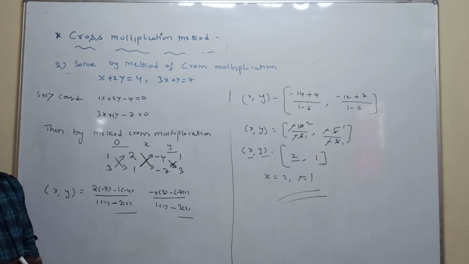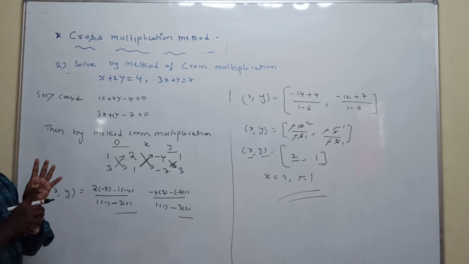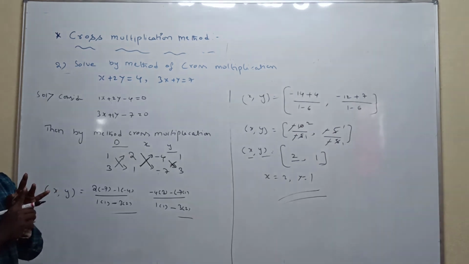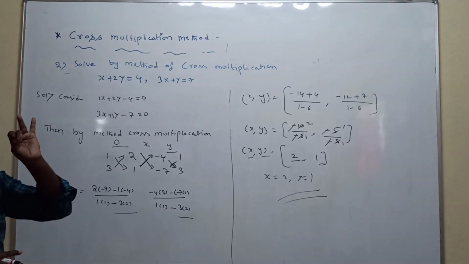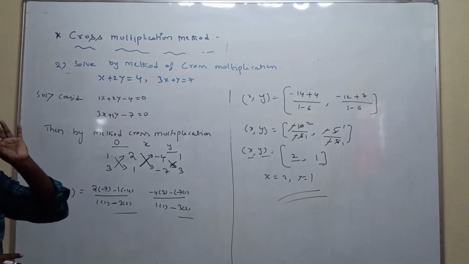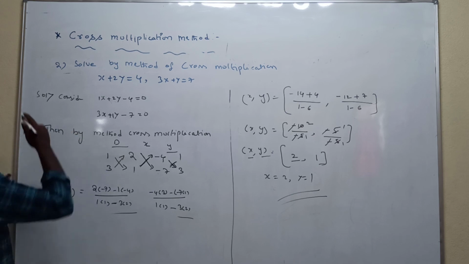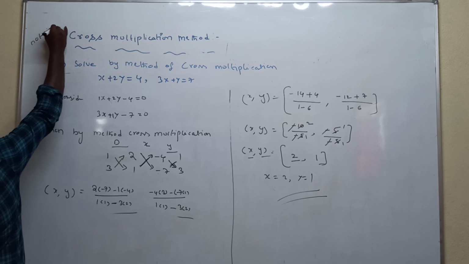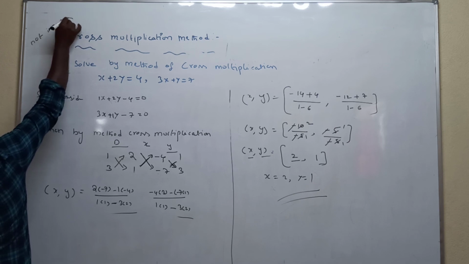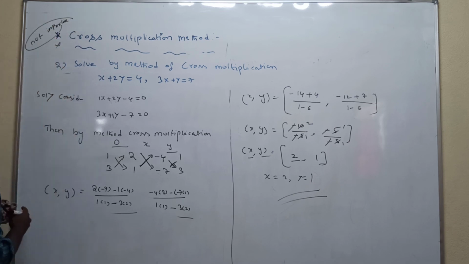Everyone understood? Of these three methods, substitution method, elimination method, and cross multiplication method, the substitution method and the elimination method are both very important. This method is not important in the final exam, so don't study this method for the final exam.